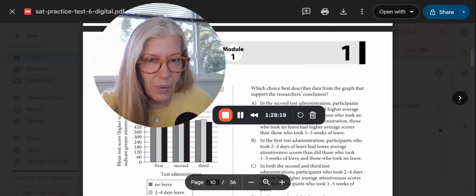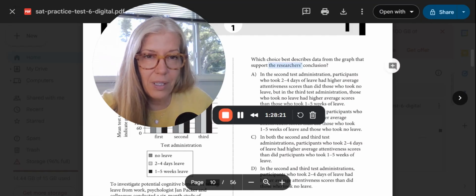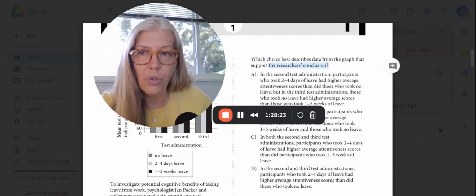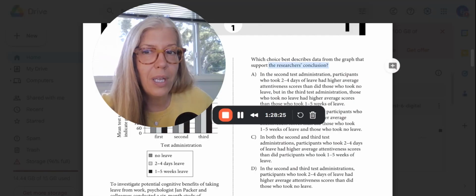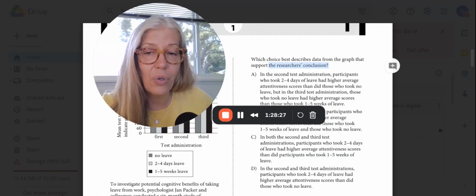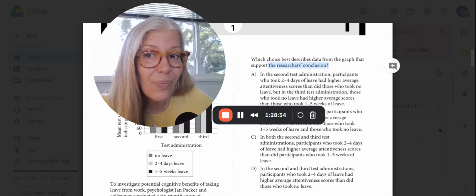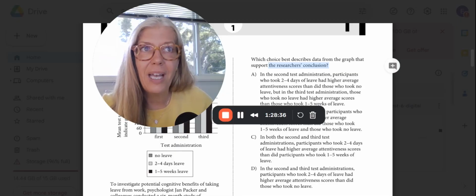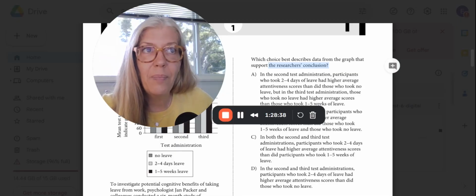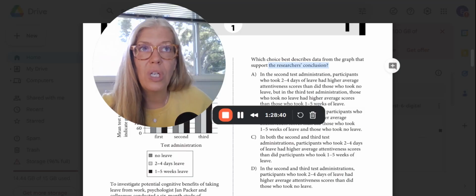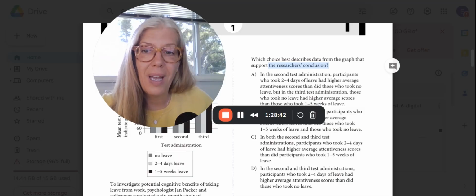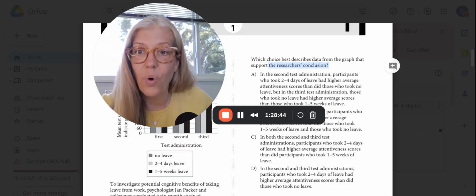Just as a review, I started with a question. They told me to look at the researcher's conclusion, and I only took information from the researcher's conclusion. I wasn't answering anything else. And did you notice I didn't use the table? So when they tell you something like support the claim, support the researcher's conclusion, those types of things, you pay strict attention to whatever they tell you.